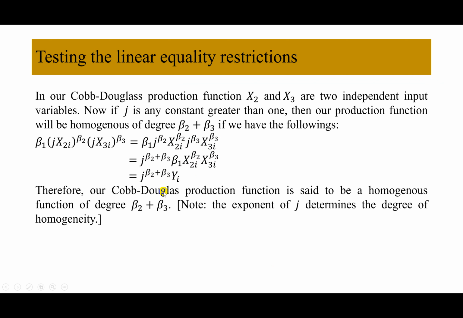Therefore, our Cobb-Douglas production function is said to be a homogeneous function of degree beta 2 plus beta 3. It is noted that the exponent of j determines the degree of homogeneity.